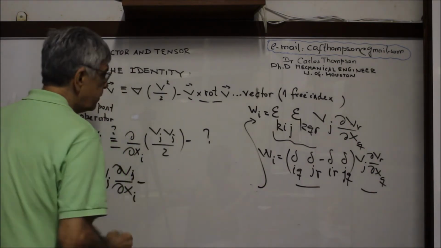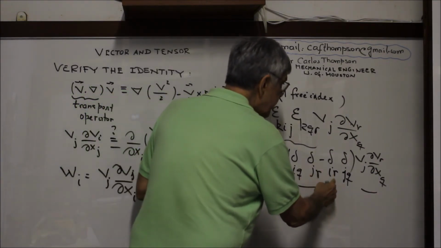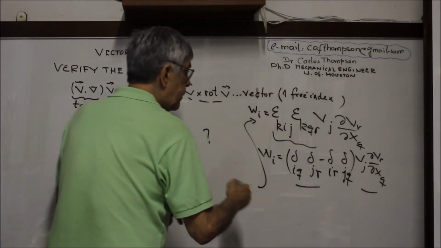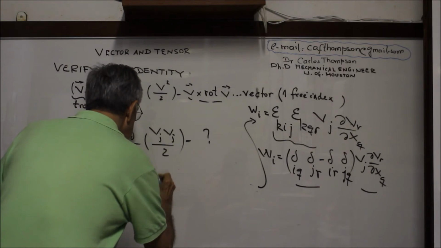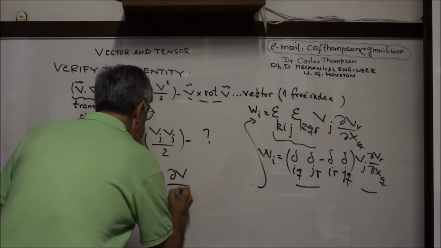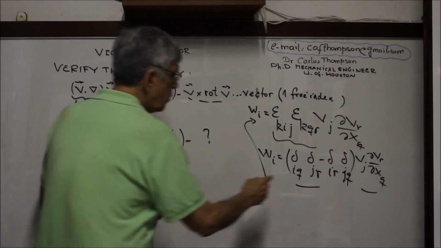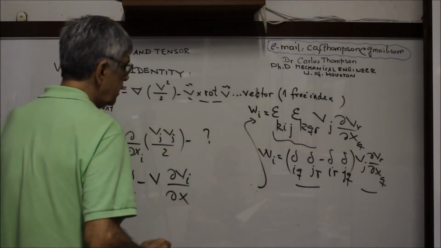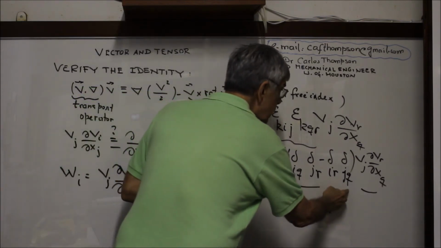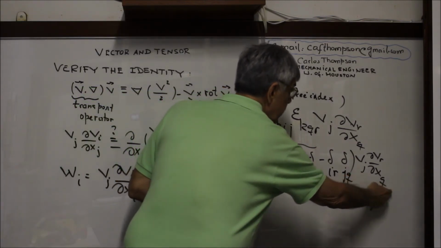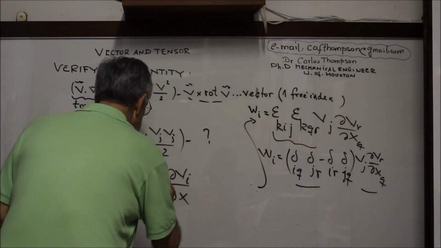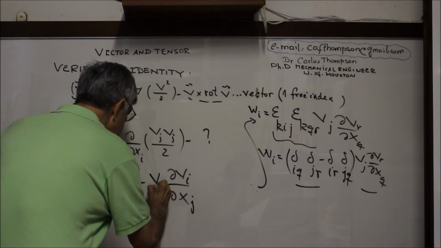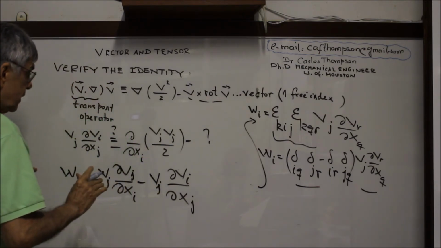Now, minus delta IR, delta JK: I move R and put I, and I move K and put J. It's quite easy.